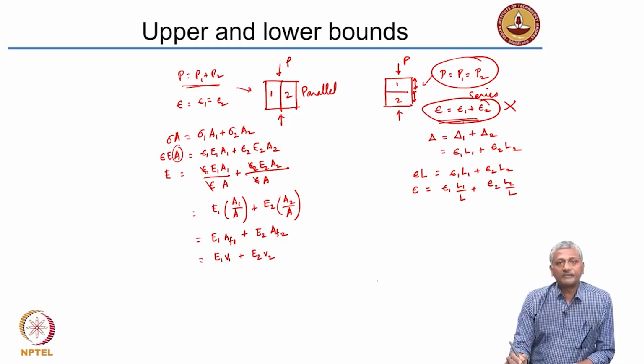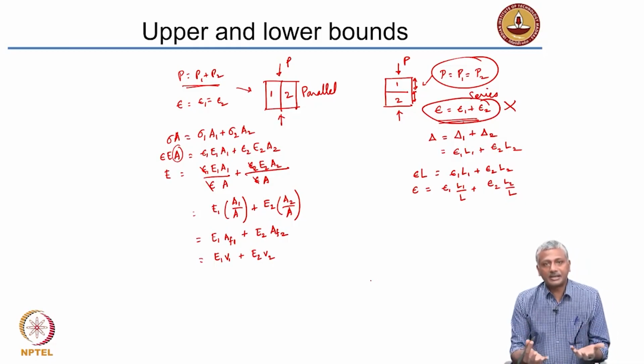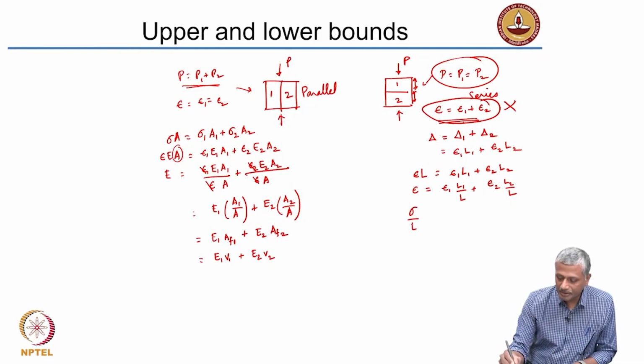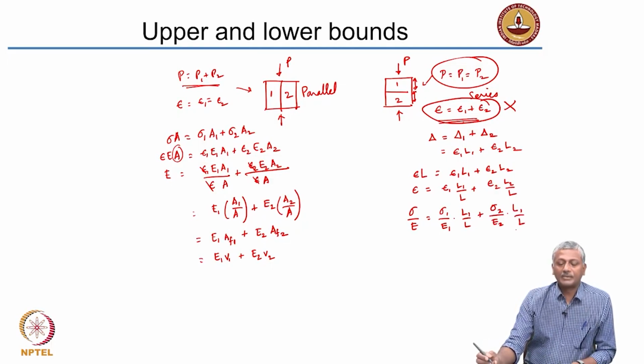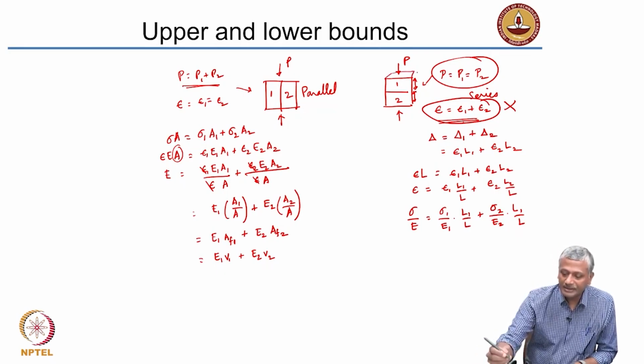Now epsilon itself, obviously we are considering the material in its elastic state, so that is sigma by E, should be equal to sigma 1 by E1 into L1 by L plus sigma 2 by E2 into L2 by L. Okay. So in this case we are assuming that we have a unit area.